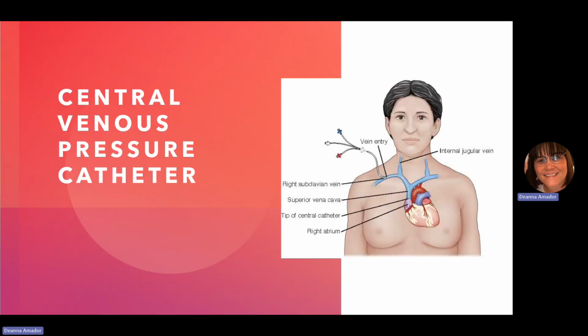So here this shows, again, my central line going into the right IJ, or the internal jugular. And I said that the tip rests at the junction of the superior vena cava and the right atrium. So I always told you guys in pharm for preload, I want you to think of volume, but it's an estimate.